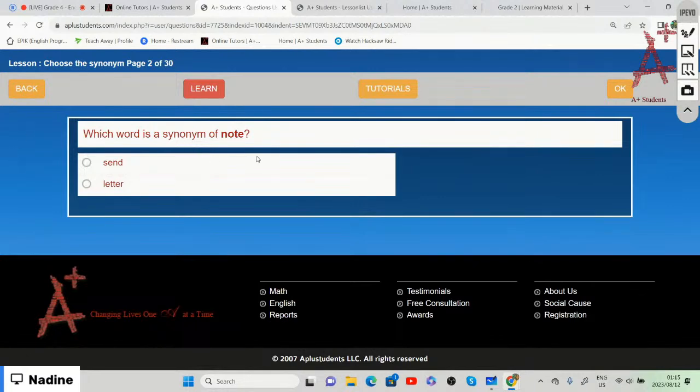Which word is the synonym of a note? Note is not the same as send, or is it the same as a letter? So a note, your teacher sent you with a note to the other teacher's class, or your parents sent a note.